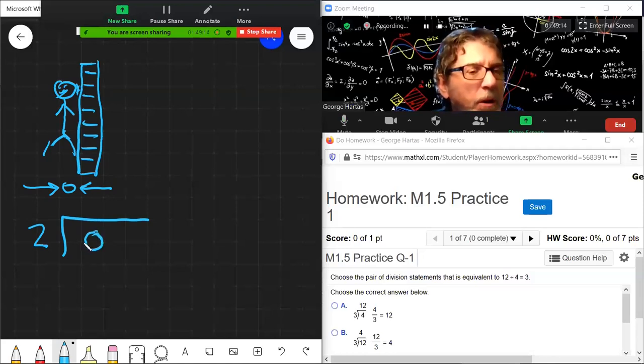Okay. Now the question is, so my feet are fine. They're not glued. I can move them if I have to. I can walk towards the wall. How many strides would I have to take where each stride is 2 feet in length, to reach the wall, which is right up against me? 0, right?